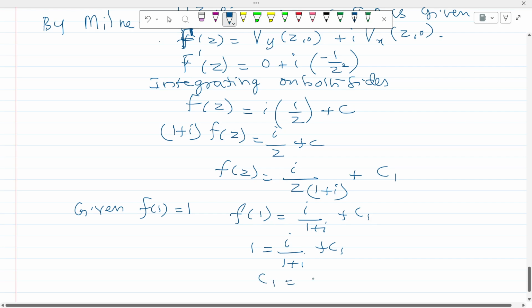Therefore C1 equals 1 minus I divided by 1 plus I.